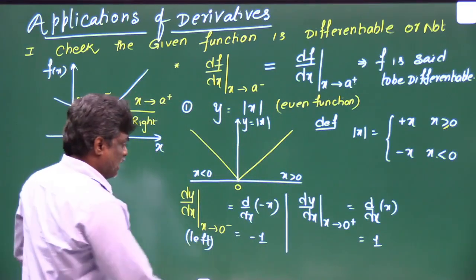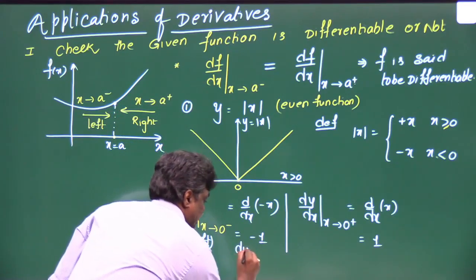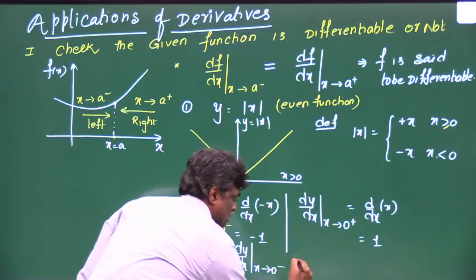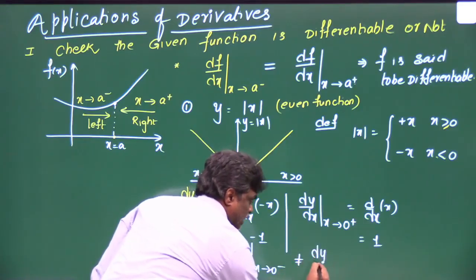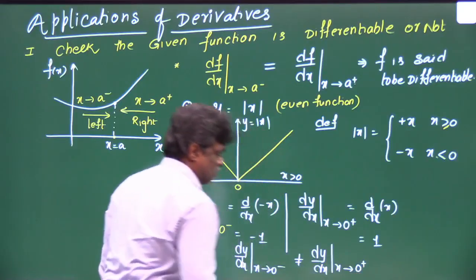But unfortunately both the derivatives are not the same. That's why we can say dy by dx as x tends to 0 minus is not equal to dy by dx as x tends to 0 plus.